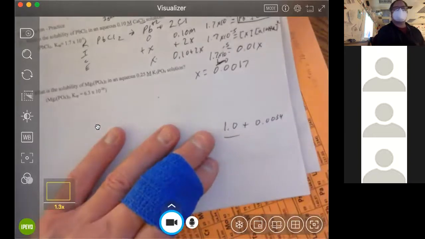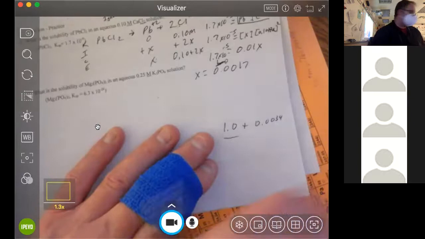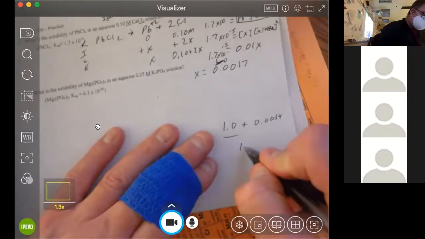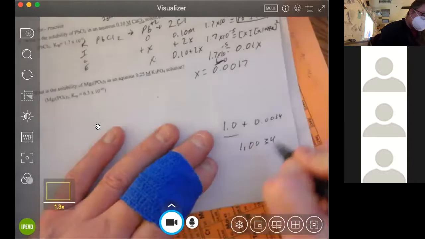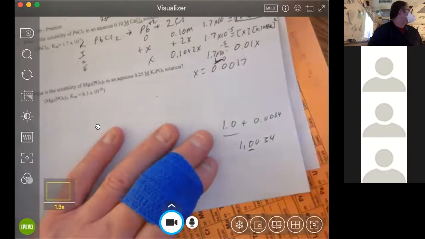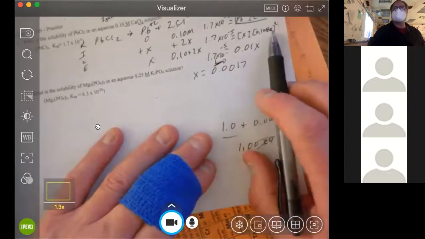Remember, addition and subtraction deal with the least number of significant decimal places, right? Least specific. So we would end up getting 1.0034, but when we do our rounding, we're to the tenth place. So what happens to this? Yeah, it just would drop. That's why we can ignore that there.